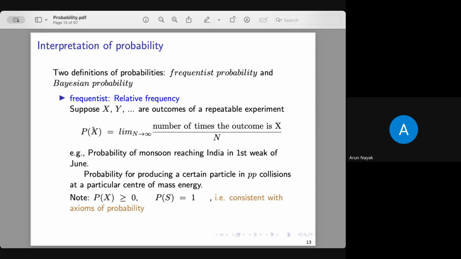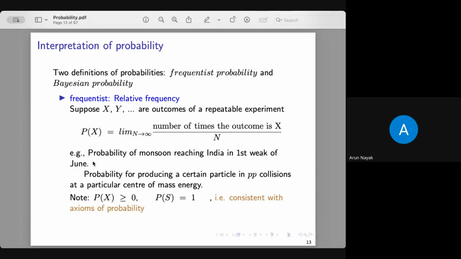This can be from repeatable experiments or repeatable observations and so on. For example, if you ask what is the probability that monsoon reaches India in the first week of June, you can take the observations from the last many years, and from there you get the probability of how many times the monsoon reaches in the first week of June.